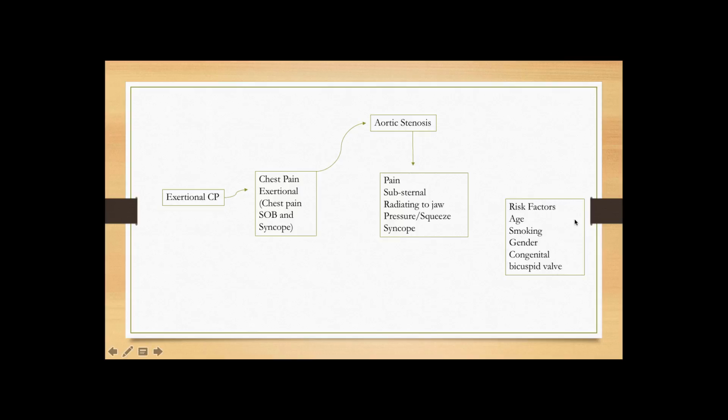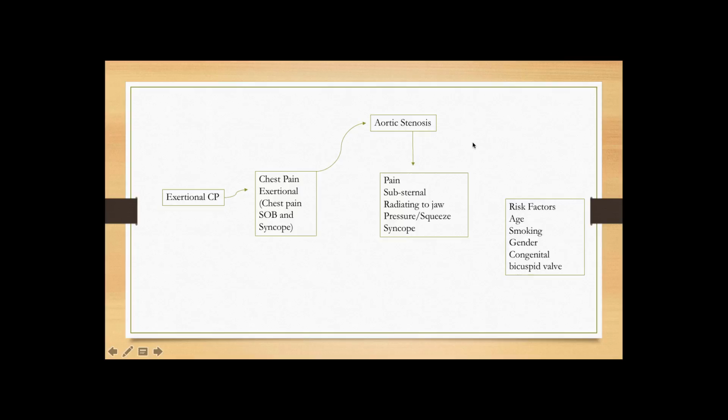Risk factors are basically these. Older patients, unfortunately, can get aortic stenosis. Patients who smoke, so a long history of smoking, will be at risk for aortic stenosis. Male patients are at higher risk, and patients with a congenital bicuspid valve will develop aortic stenosis at a relatively younger age.